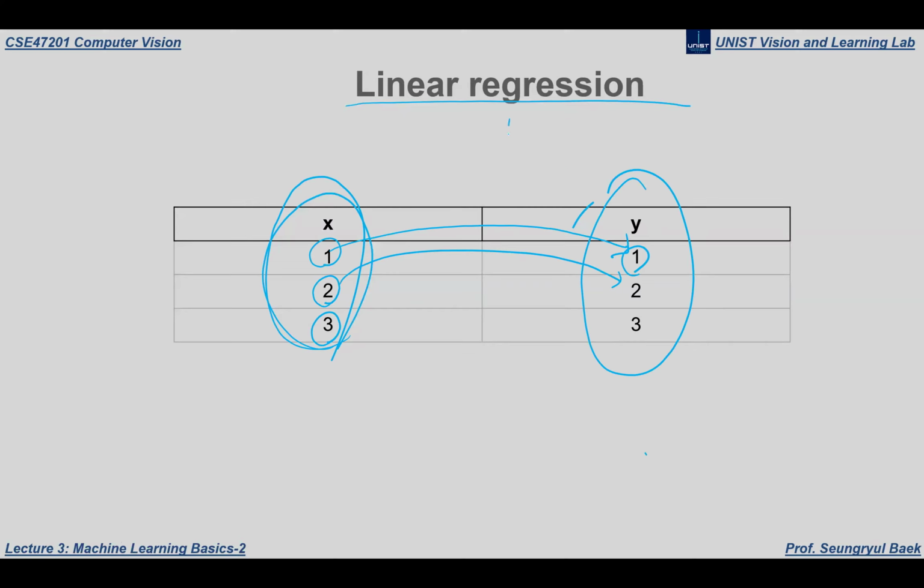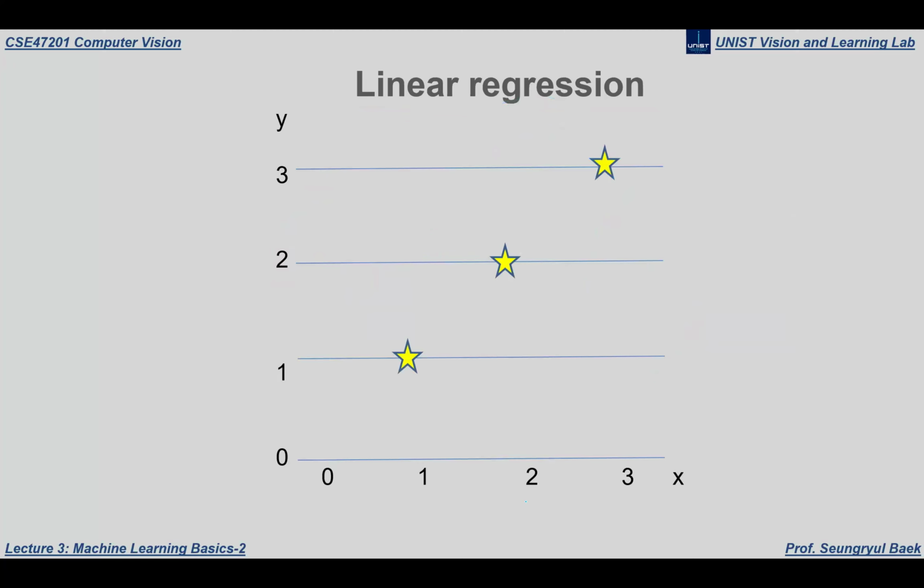Humans can easily find that y is equal to x is the equation that maps input x to y. But the computer has to have some algorithm to find that the mapping between x and y is this equation. I will explain how we can obtain that.